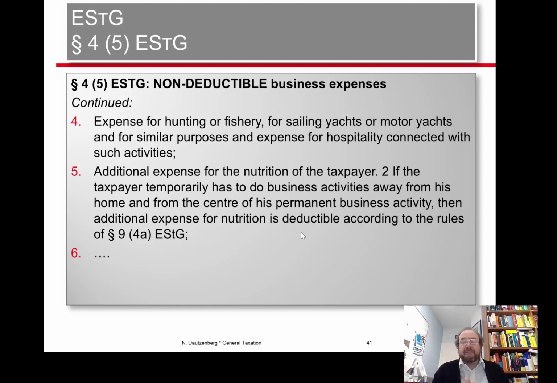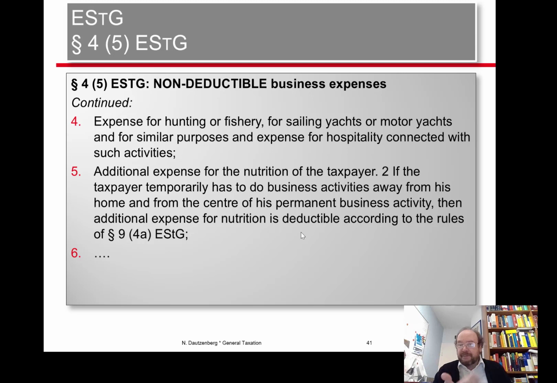Now when I'm on a business travel, away from my firm, away from home, then I probably am forced, due to a very short lunch break and due to the fact that I don't know the surroundings properly, to go to a restaurant which is more expensive.